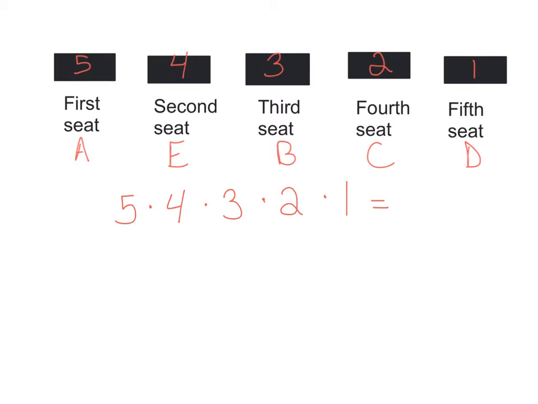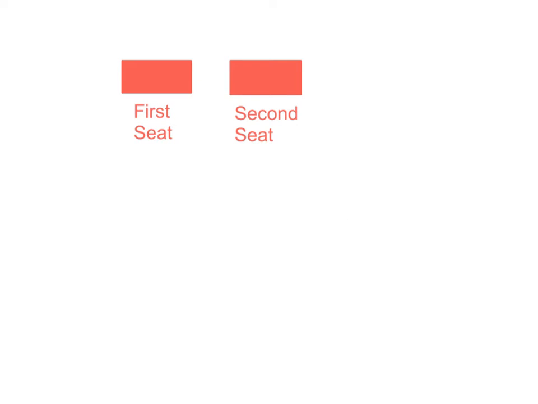And what you're going to get is 120 total possible combinations for the first 5 seats.